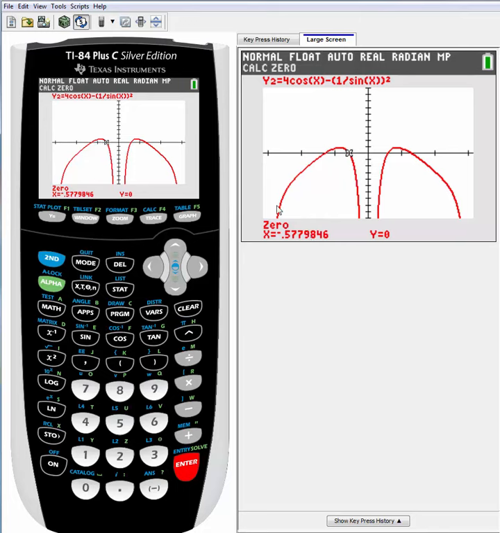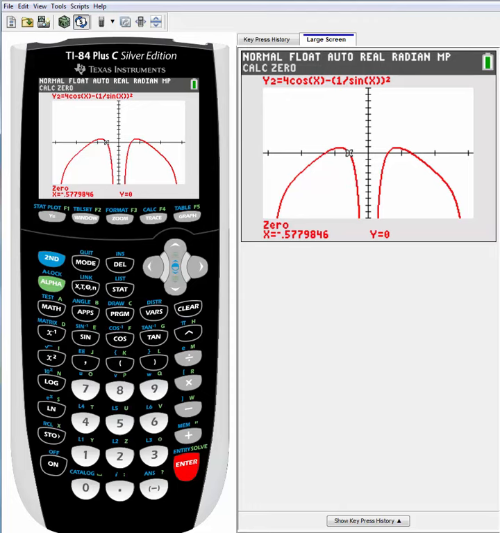So we have a 1 over sine for this cosecant. So pi is going to be undefined also. So we also have 3 more critical numbers at negative pi, 0, and pi because they're vertical asymptotes there.